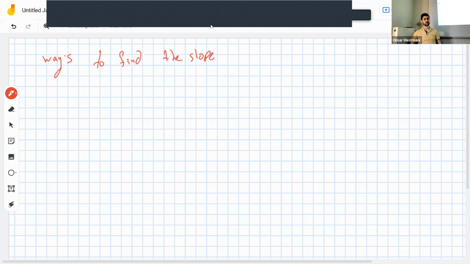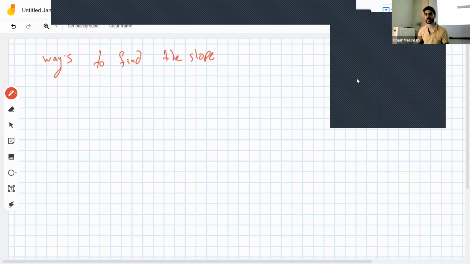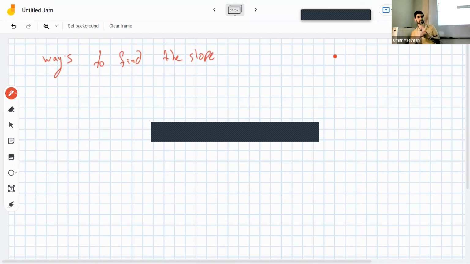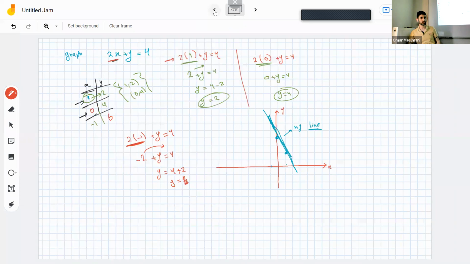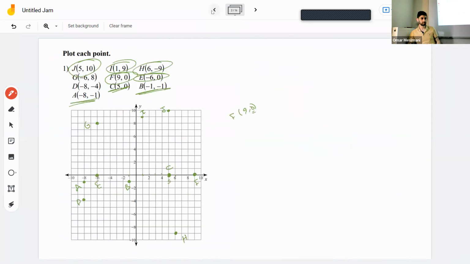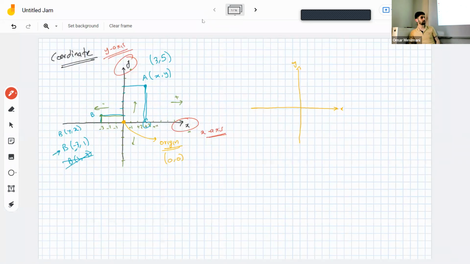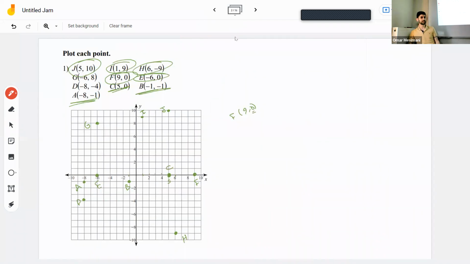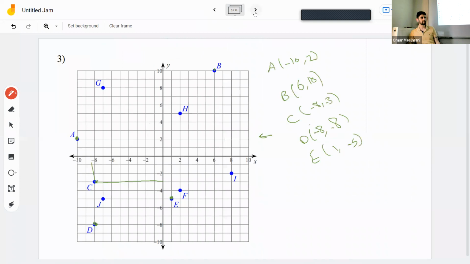Again, we did talk about how you graph. Today I didn't talk about it so much. Let's go over everything we did. We started our lesson by talking about the coordinate plane, by plotting points, and then we did some examples and more examples.